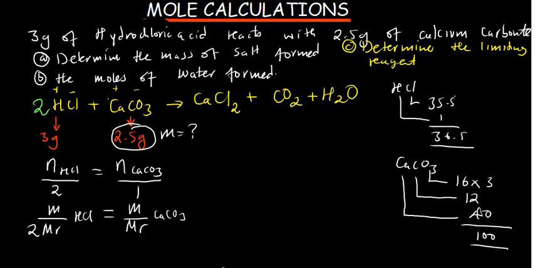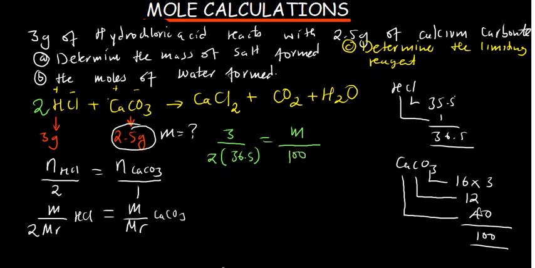So let's put the mass of hydrochloric acid that we have. That is 3 grams from the question. And then divided by 2 times the molar mass for hydrochloric acid. You can see that is 36.5. This should be equal to the mass of calcium carbonate divided by the molar mass. The molar mass of calcium carbonate, that's 100.